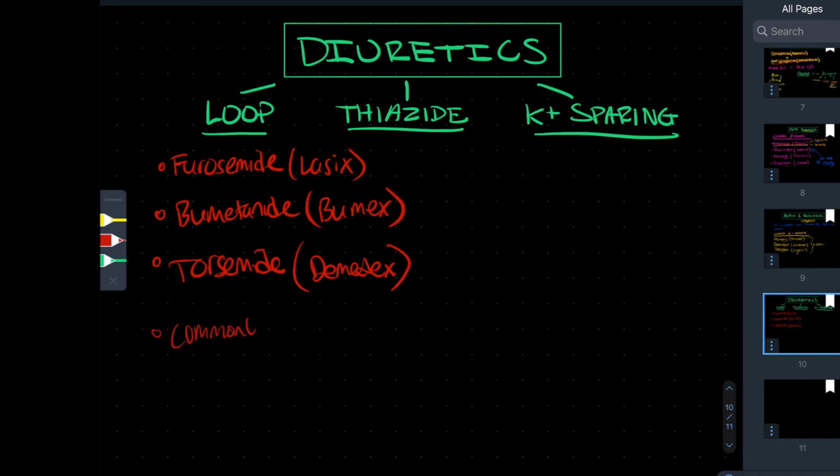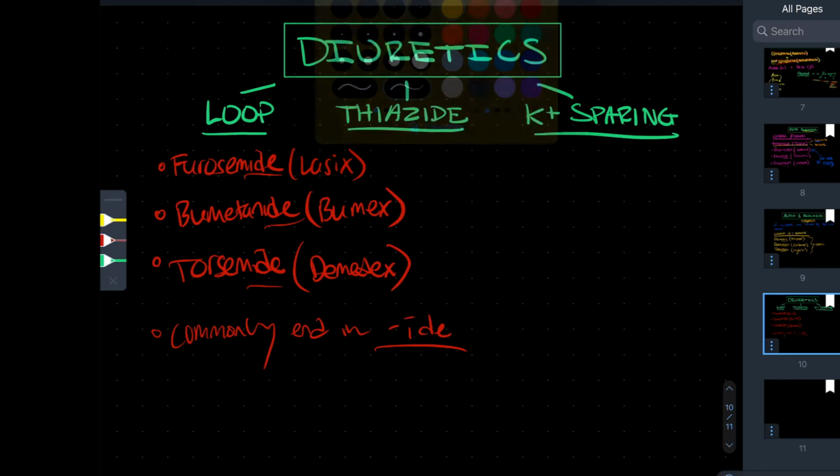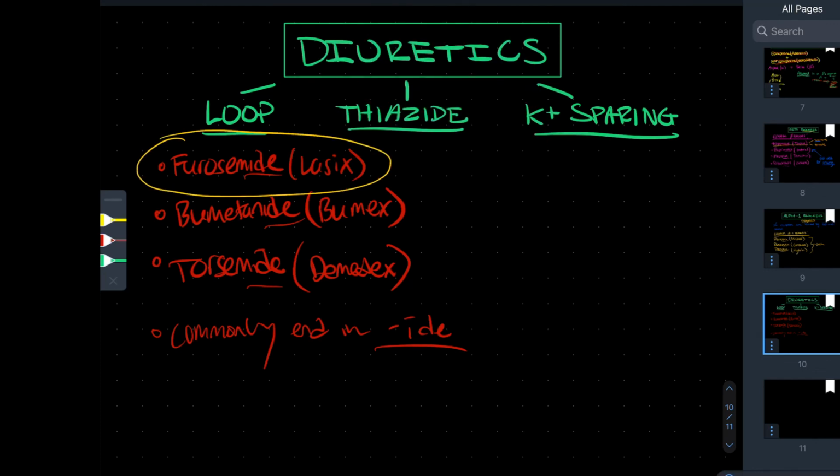Commonly they can end in "ide," but that's not always. That's just for these. Furosemide is definitely going to be the most common one you see. Probably one of the most common water pills out there.